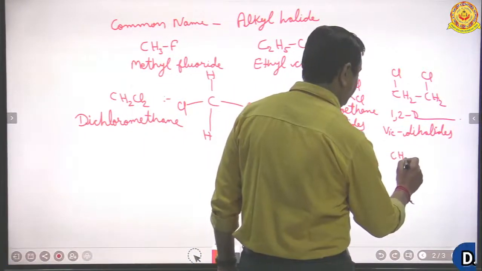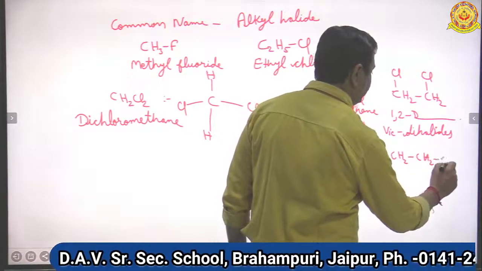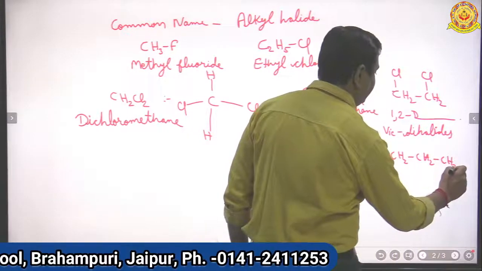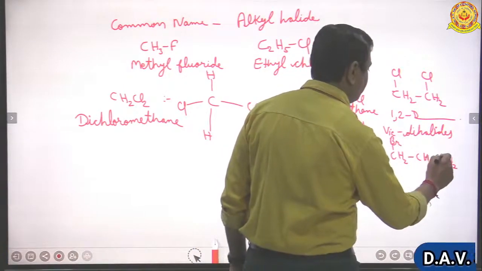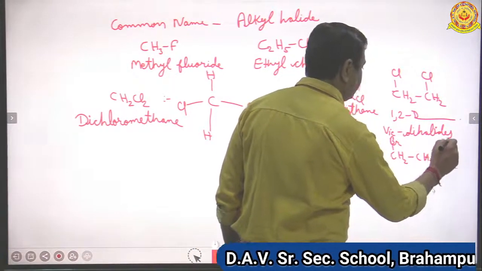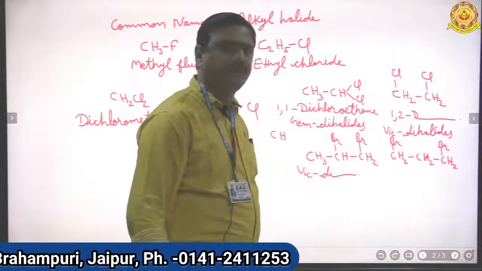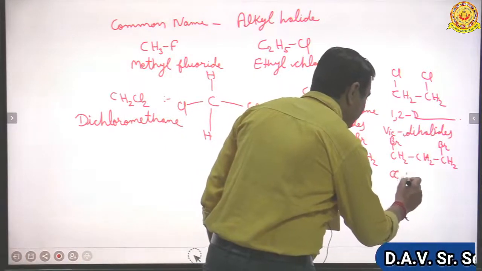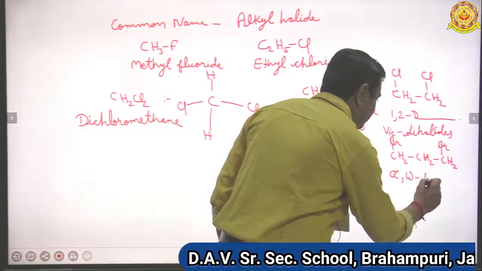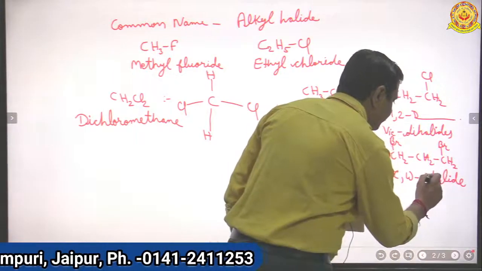But if two halogens are attached, one at each terminal, one at this terminal, one at this terminal, then it will be called alpha omega dihalide.